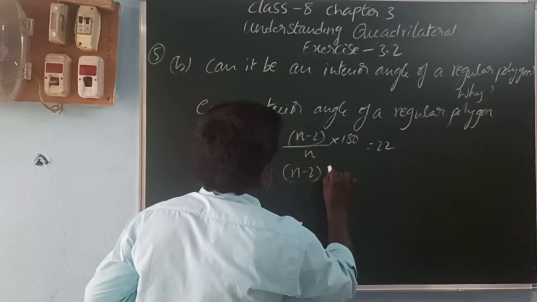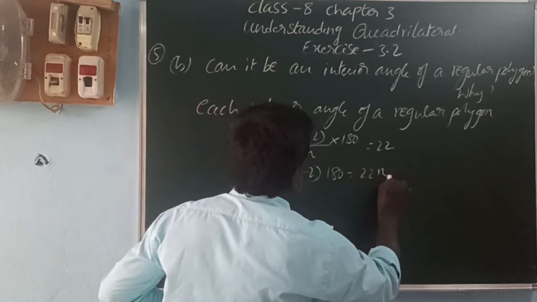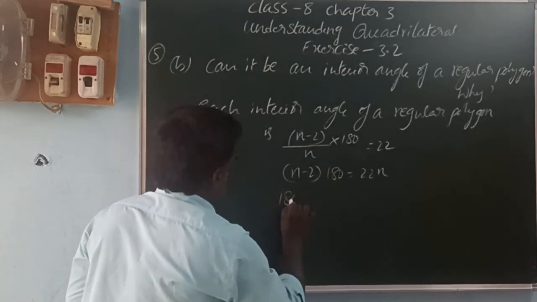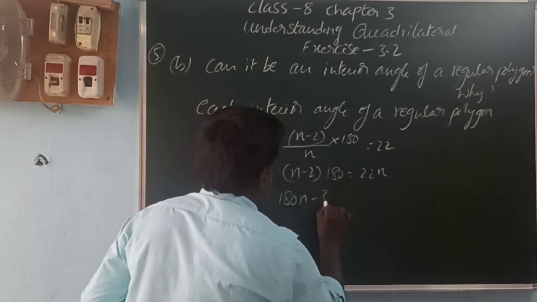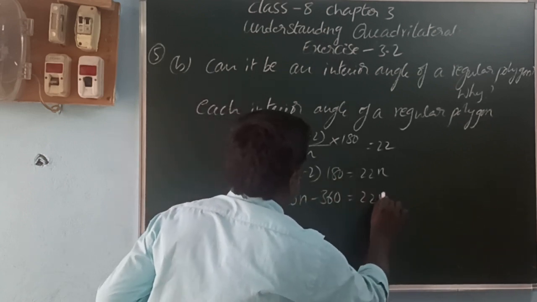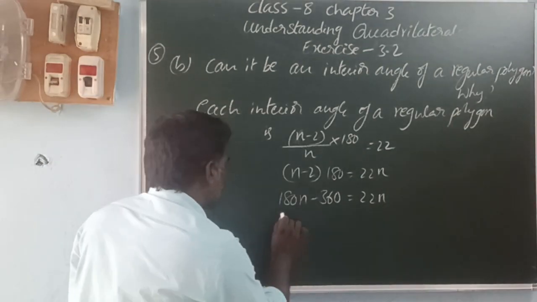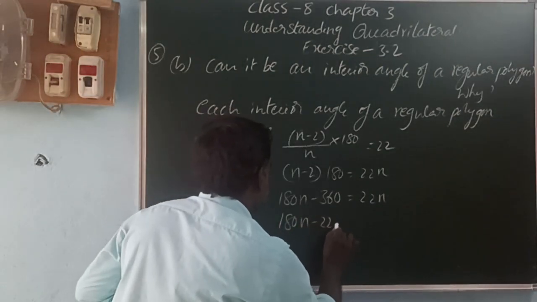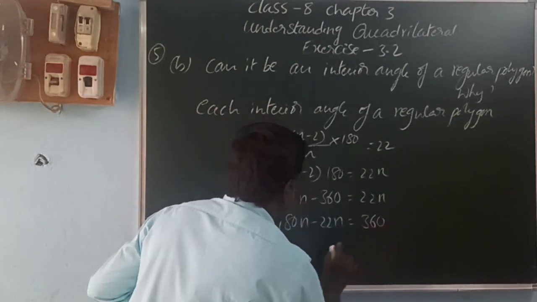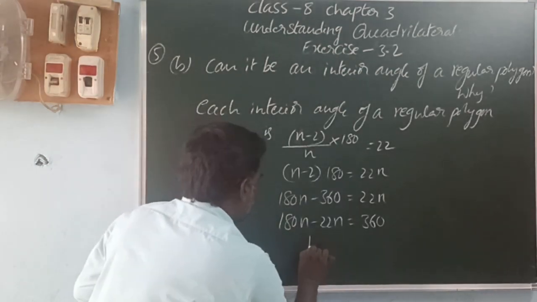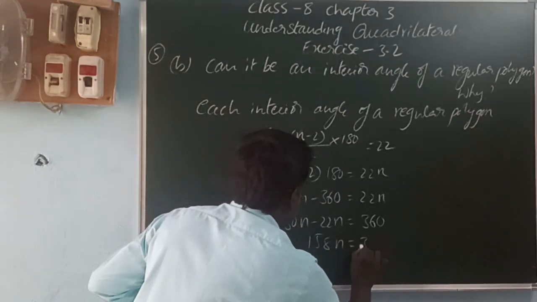So (n minus 2) times 180 is equal to 22 n. So 180 n minus 360 is equal to 22 n. 22 n comes to the left side: 180 n minus 22 n is equal to 360. So 180 minus 22, how much? 158 n is equal to 360.